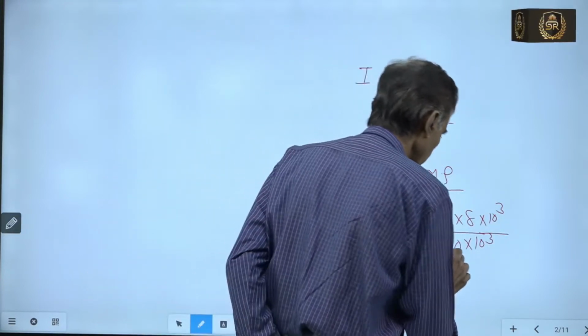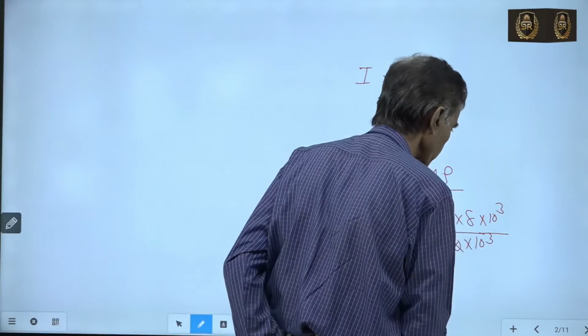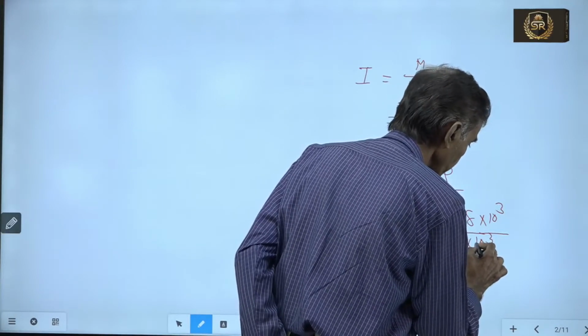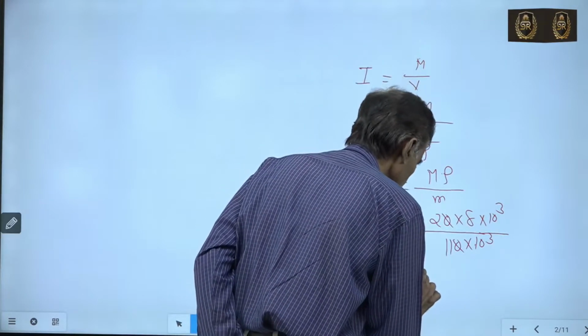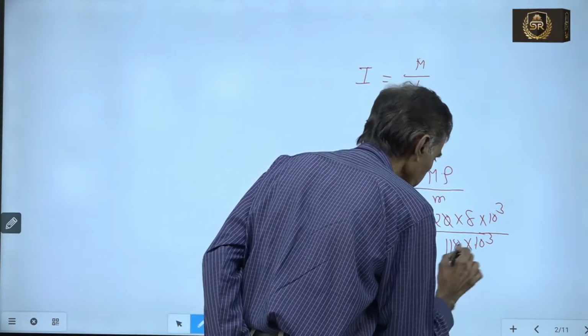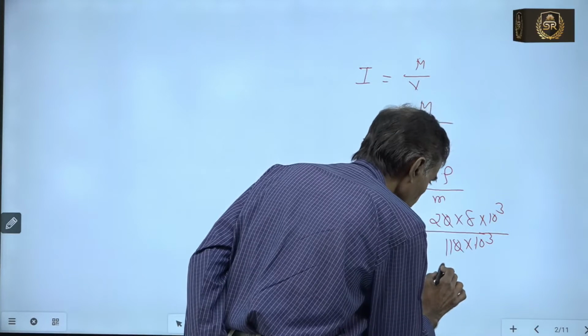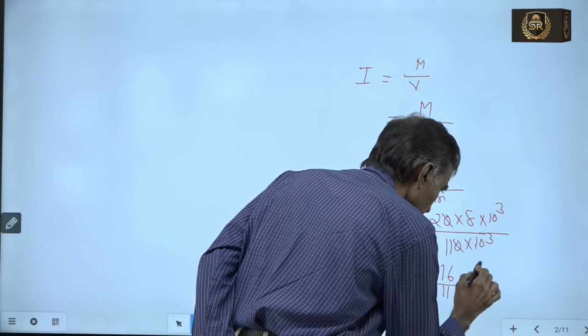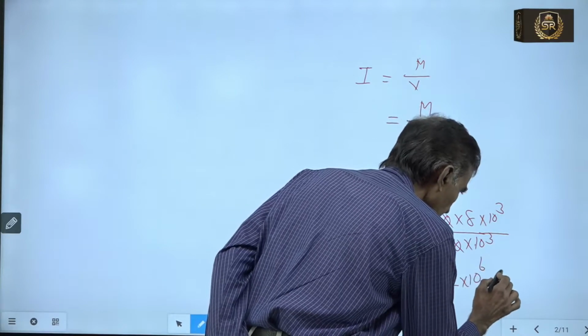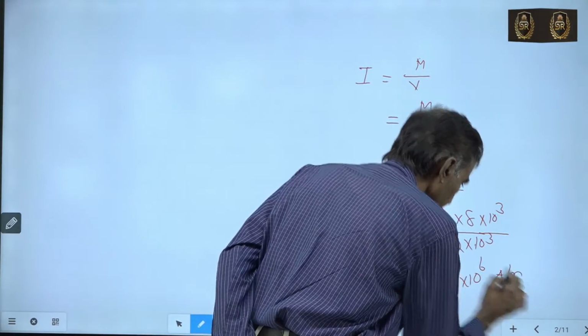Now the zeros get cancelled, 10 power 3 minus 3, it will become 10 power 6. So we have now 16 by 11 into 10 power 6 ampere per meter.